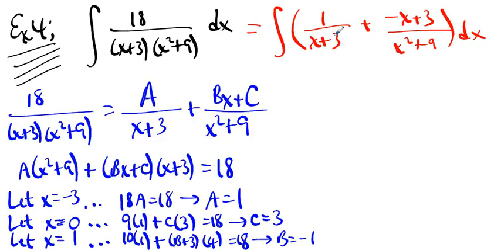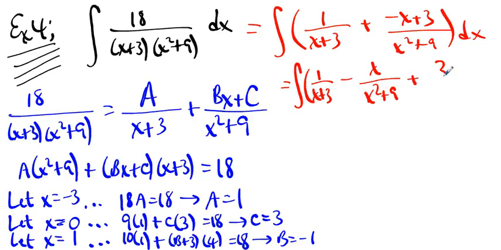This we know, this we don't. Even if we split it up, this we know. This is a u sub. U is the denominator. The du is 2x dx. So you get a 2 and the 1/2 to compensate.